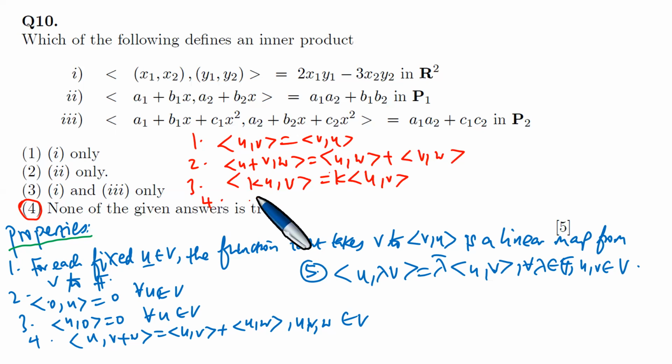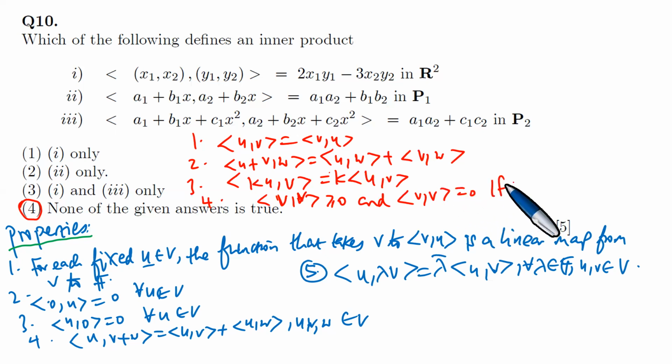Property 4 would be that the inner product of v and v is greater than or equal to 0. If you take the inner product of a vector with itself, it is greater than or equal to 0, and the inner product of v and v is equal to 0 if and only if v is 0.